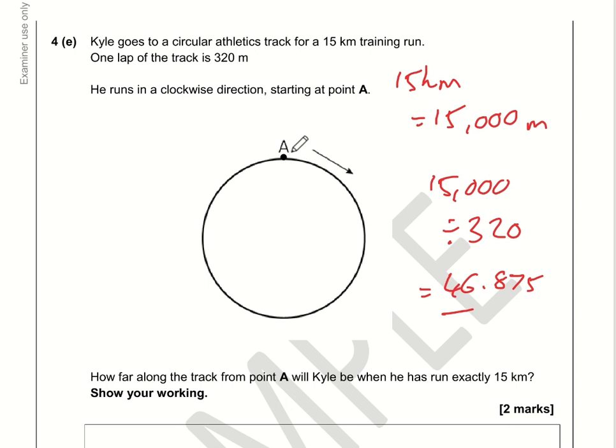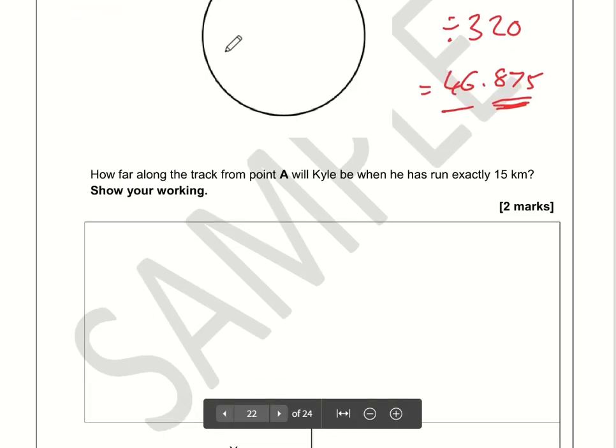So every full lap will take him back to A. It's this last bit. Now 0.875 is 875 thousandths, and that is the same as 7/8. So actually we don't even need to turn it into 7/8. We can just say it's 875 1,000ths. So what is 875 1,000ths of 320 metres?